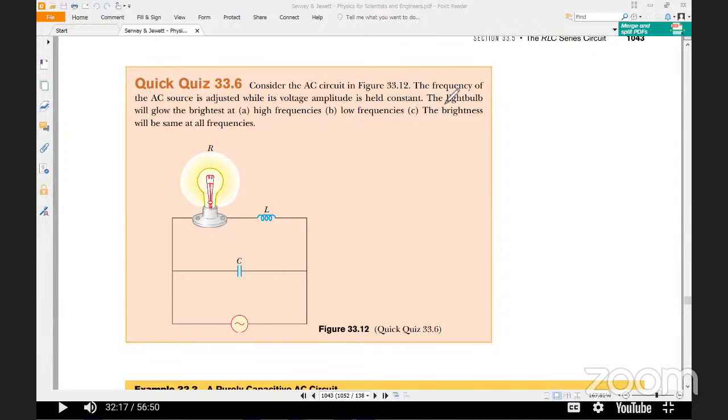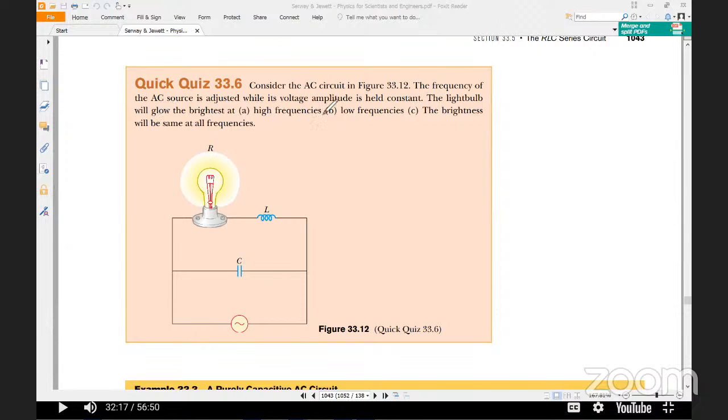Is the case that there is a light bulb, the bola lampu, and then attached to the inductor and attached parallelly with the capacitor. Now the question is when the voltage is alternating current and constant, or the frequency.